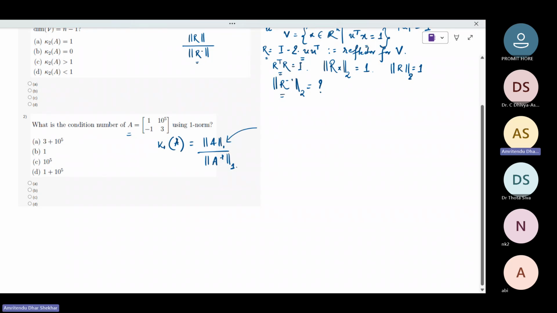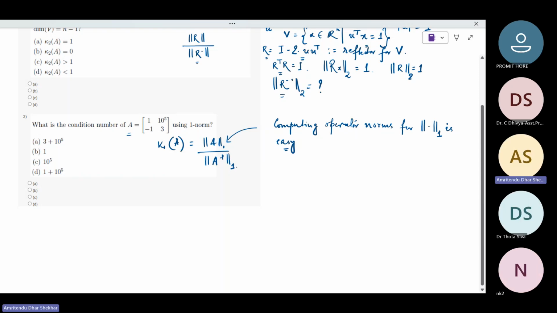So let me just write a general statement. Computing operator norms for the one norm is easy, and I'll tell you why.